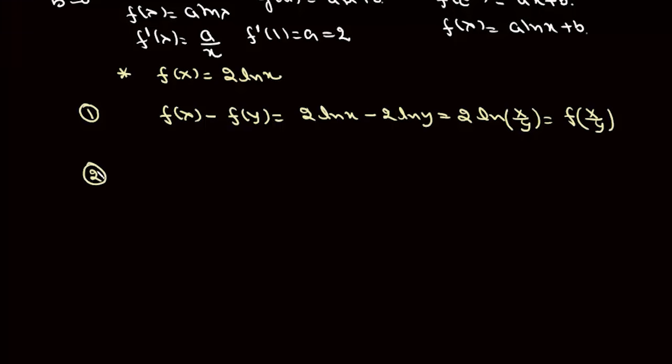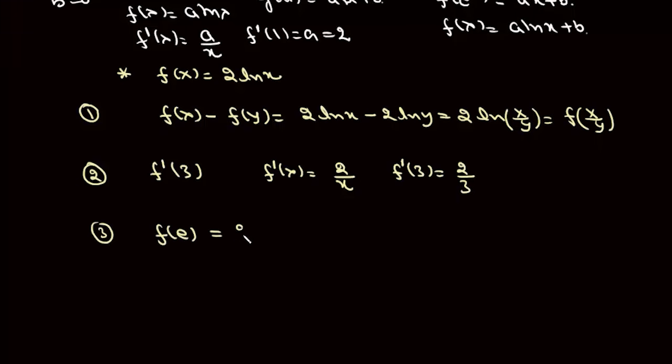And the second question is, we need to find the value of f'(3). Now f'(x) is 2 by x. So f'(3) will be simply 2 by 3. And the third question was to find f(e). So it is simply 2 log e, and it is 2.